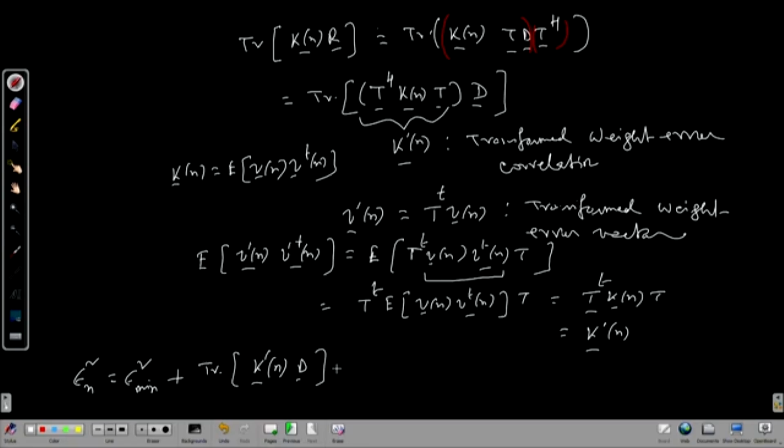You can verify. Then if you take the trace, it will be lambda 1 times the first element plus lambda 2 times the second element plus lambda 3 times the third element, and so on and so forth.